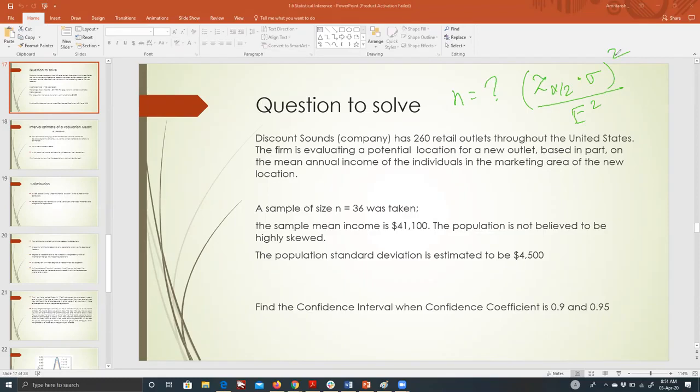Are you sure about the maths? Because remember, you have to do it for 95% confidence interval. So what is the z value, or z alpha by 2 value, over there? 1.6. No, no. Okay, sorry. You have to remember these values, guys. This is what I'm talking about, okay?